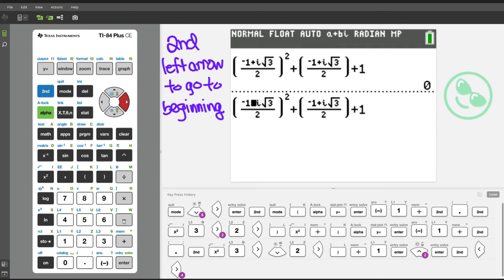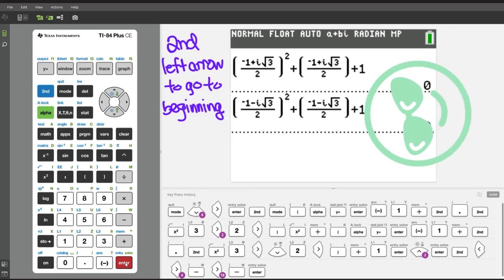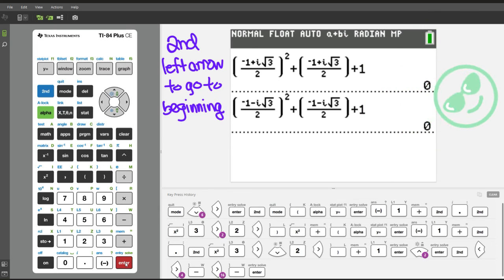Not a negative, just a minus. And then we keep arrowing right to change the other plus sign to a minus sign. And when we press enter, if we get 0 again, it is the solution, and it is. So we did all our work correctly for that one as well.